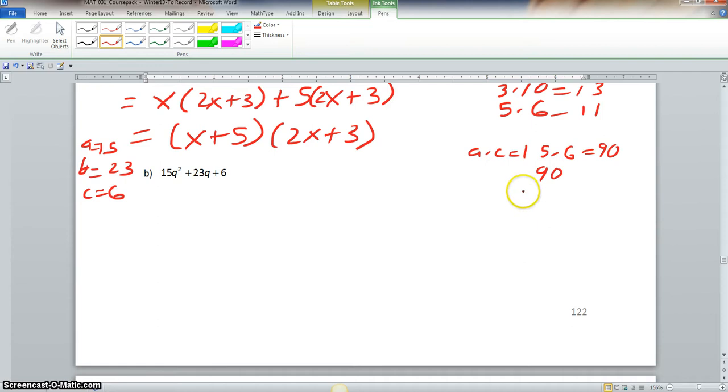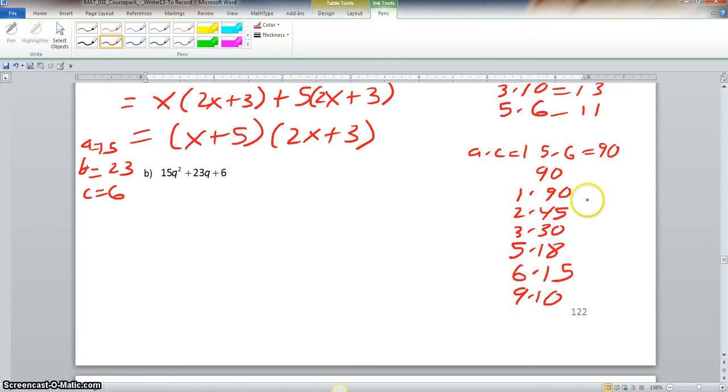So now we would do the factors of 90, which is 1 and 90, 2 and 45, 3 and 30, 5 and 18, 6 and 15, and 9 and 10. These are the factors of 90.